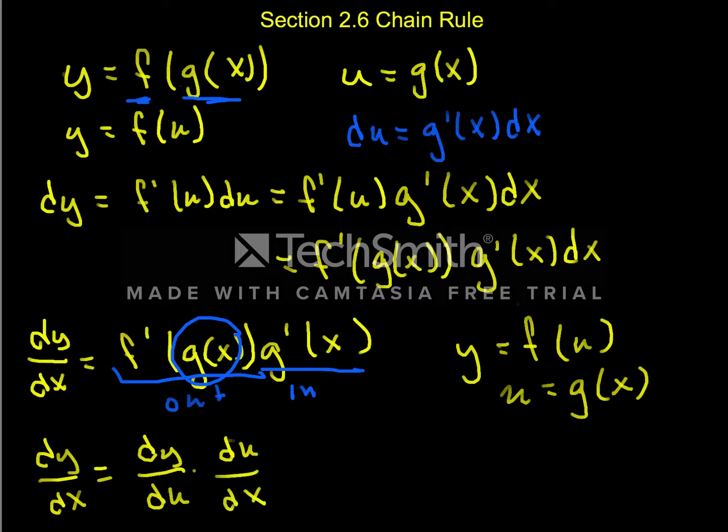Both these are good versions of the chain rule, and depending on the situation, we might want to think about it using Newtonian notation here, that dy dx is f prime of g of x times g prime of x, or using Leibniz notation here, dy dx is equal to dy du times du dx. And we will explore both notations and how they can help us solve problems.